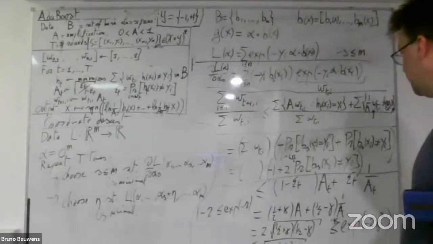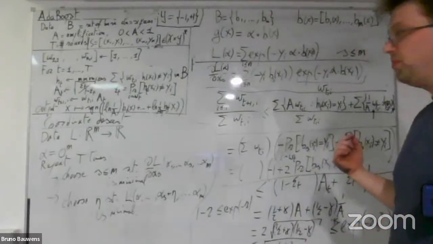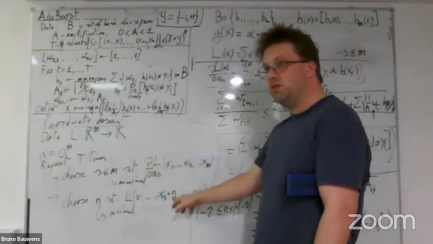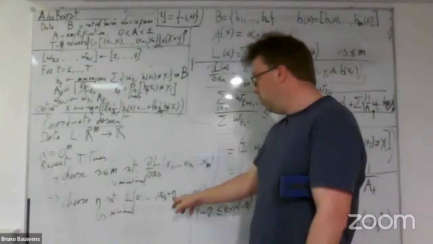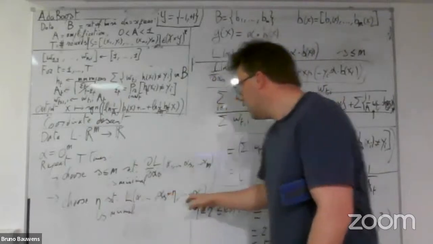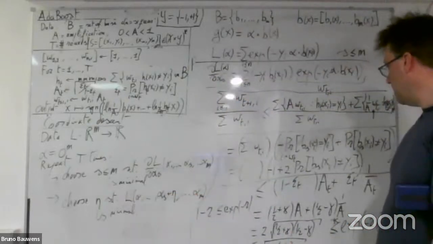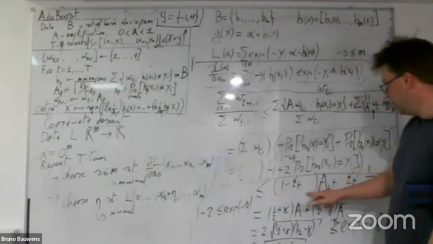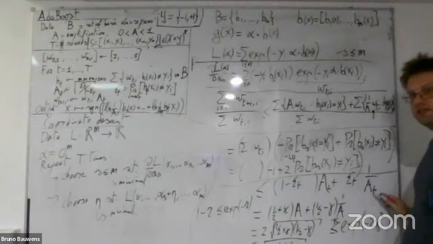Sorry, I need to say that the value will be optimized. So what is the value of eta to be chosen to minimize L? If you write this out, then we will come up basically with this.